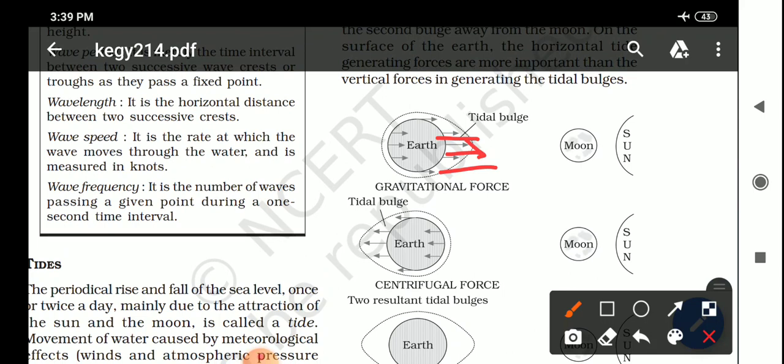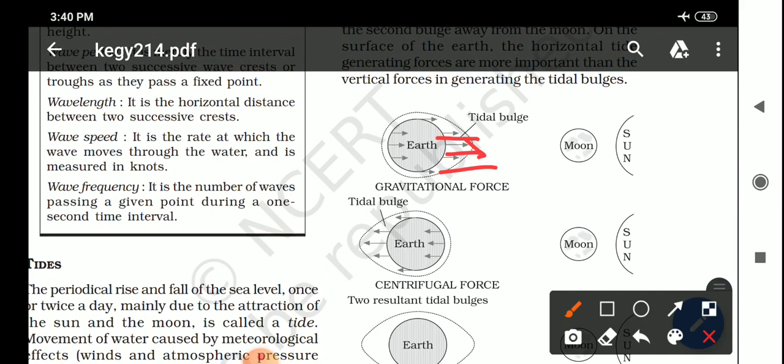The gravitational force is moving here, and the side of the earth facing the moon is affected by it. Now centrifugal force and gravitational force are keeping the balance. Because of these two points, you have the high tides.